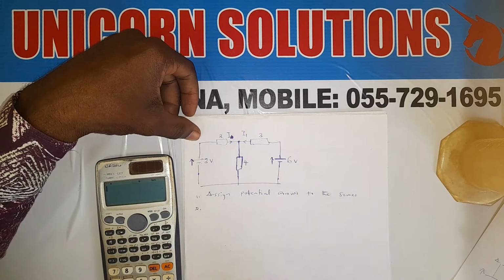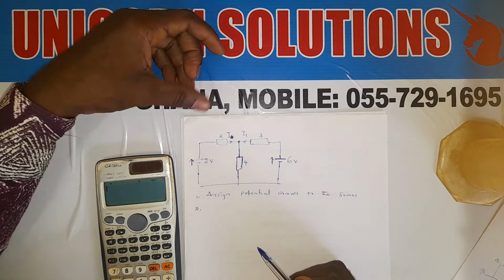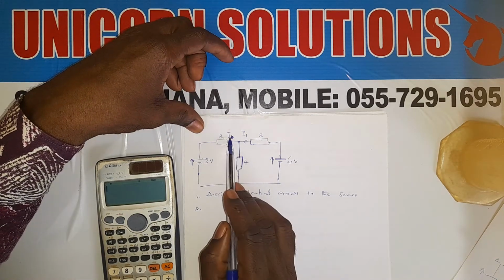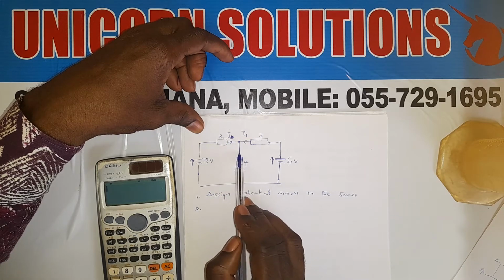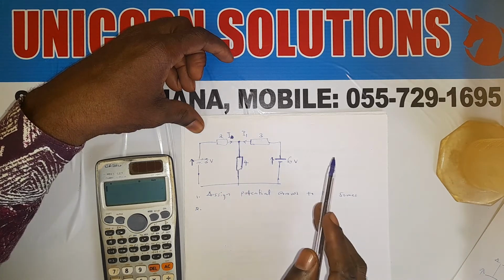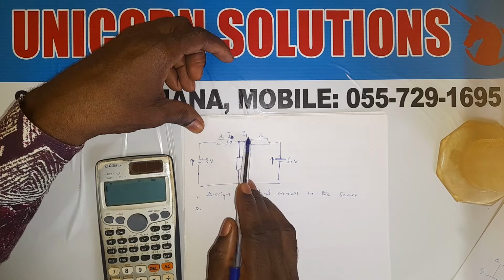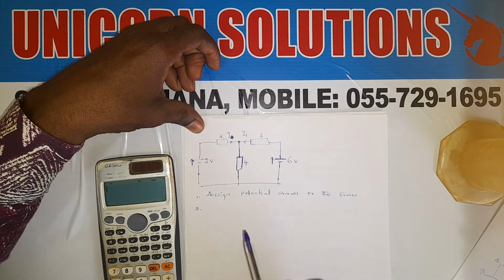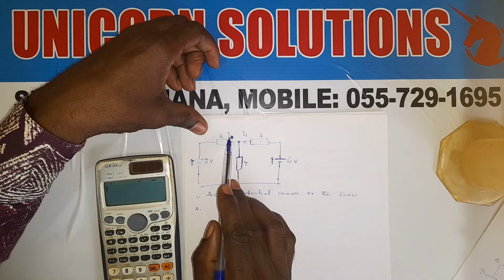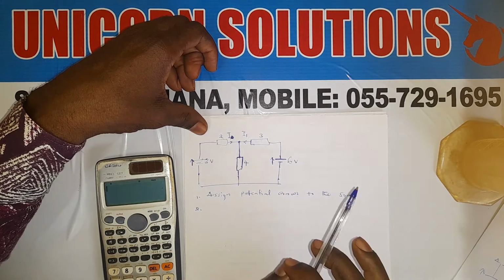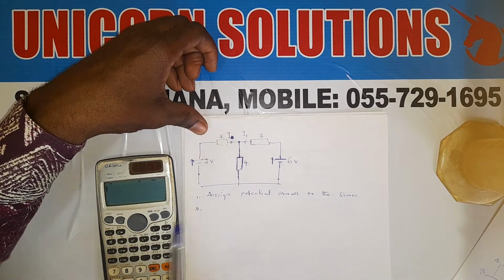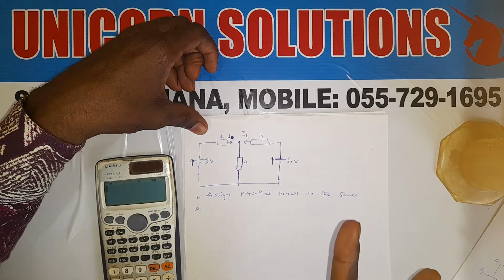We will all come out with the same answer. The only difference is that the one who chose I1 plus I2 to flow this way will end up having two variables in his or her simultaneous equation. And when you are dealing with two different variables in a simultaneous equation, it tells you that you are going to deal with two equations with two unknown variables.